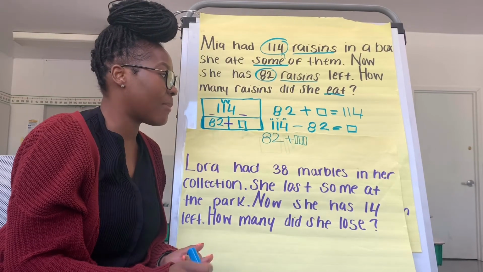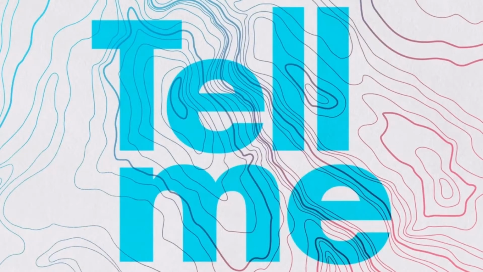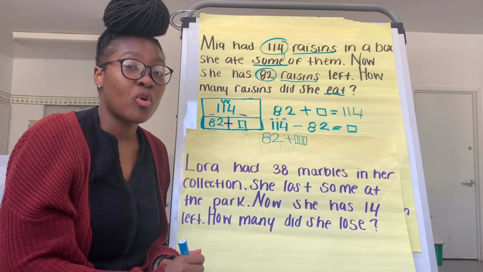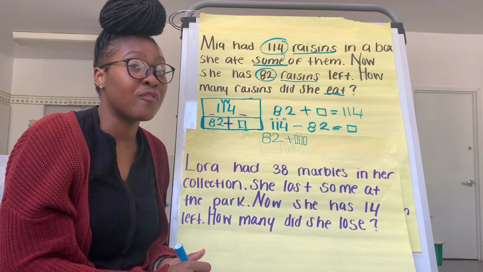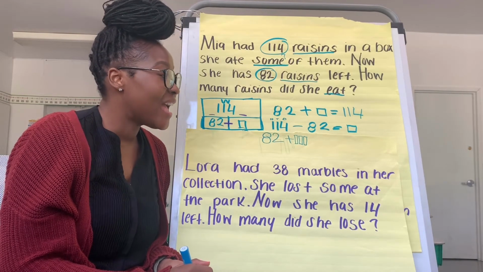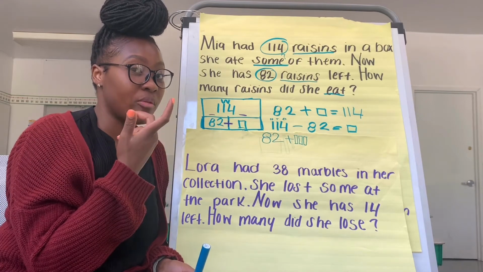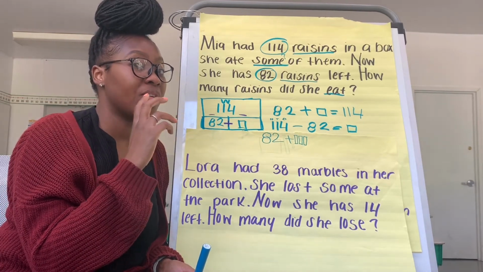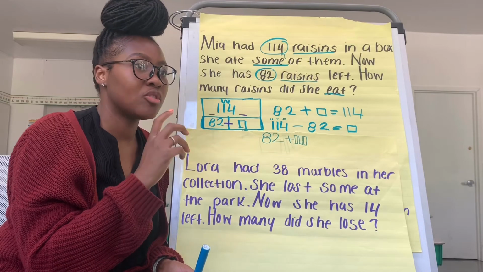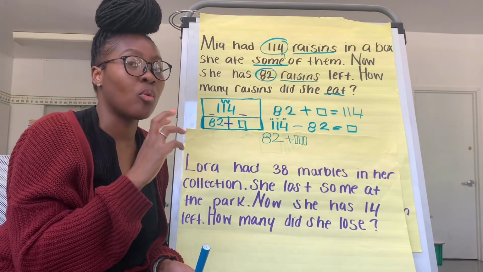Why am I stopping right there? Yes, because I'm only counting up to 114, and we know that we have to stop and switch counting because now we have enough tens, so now we have to switch to counting ones.